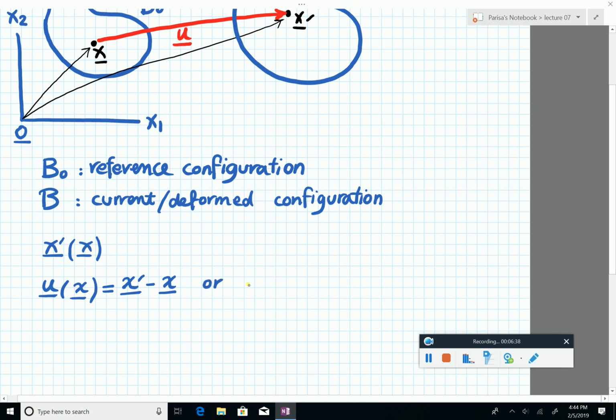Or if you are interested to see what happens in the deformed configuration, you can just say, well, we start with the undeformed reference configuration, and then if you add to that the displacement, you are going to get the deformed particle location.